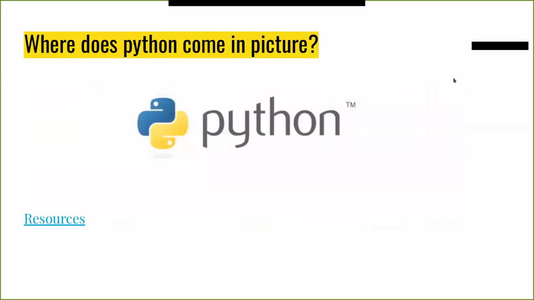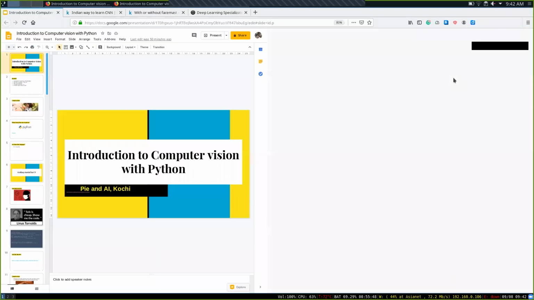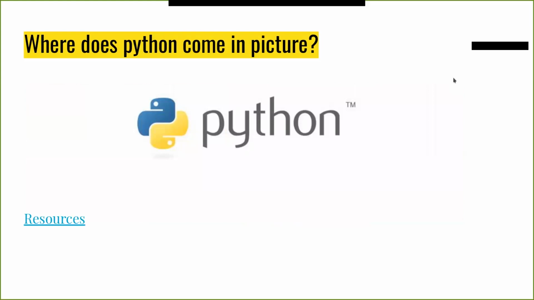So let's talk about why Python, since this talk is about an introduction to computer vision with Python. There are multiple languages like C++, Java, and others, but in any machine learning or data science application, Python is usually preferred.